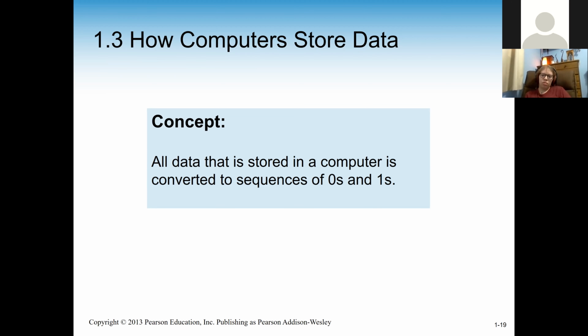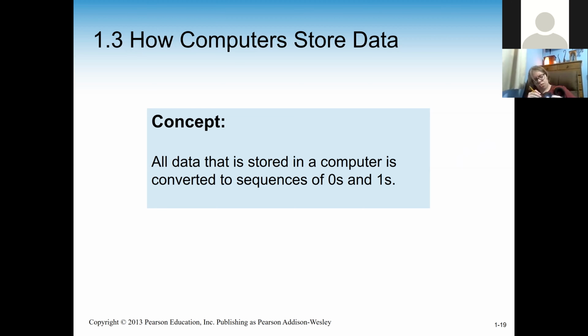Why is that? Why is it zeros and ones and nothing else? Why is there not a 2 in there or a 3? The question is why we only use binary.